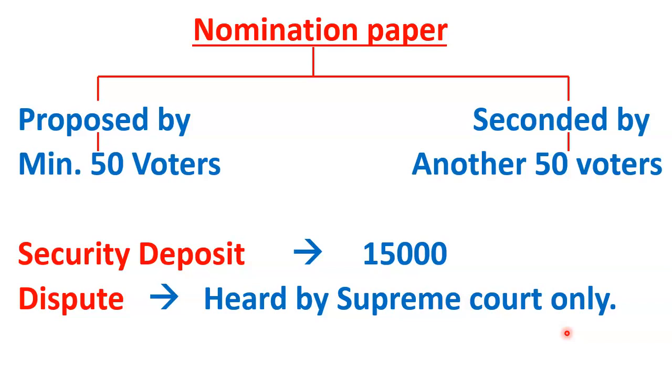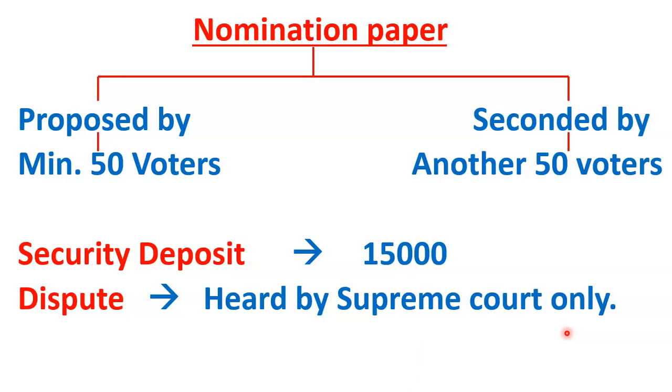Nobody can go beyond the decision, and nobody can do anything once the decision is passed by the Supreme Court. So we can say that the decision of the Supreme Court is binding in regard to a dispute in the election of the president.